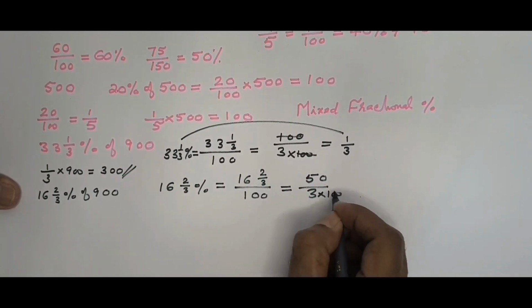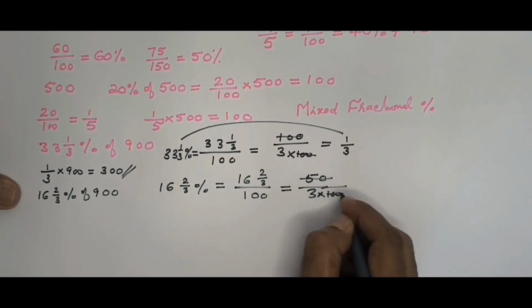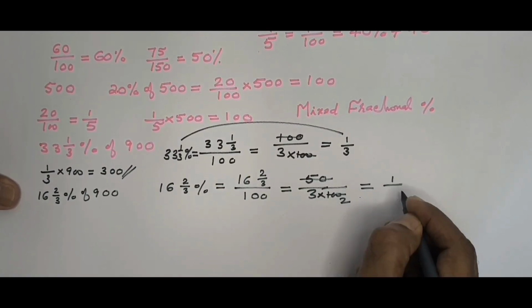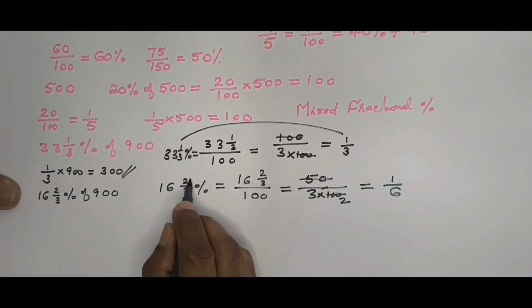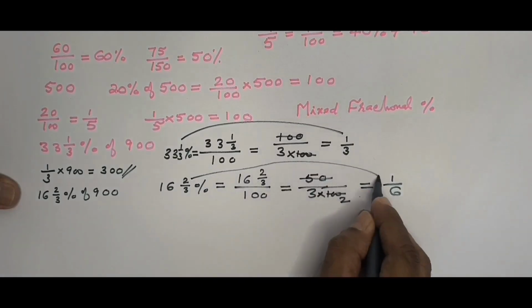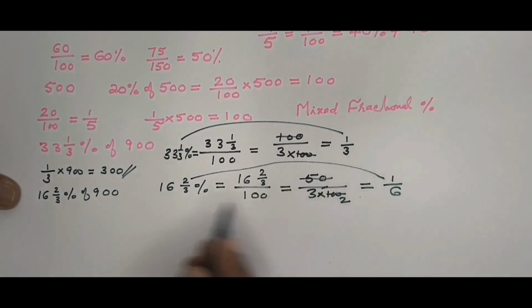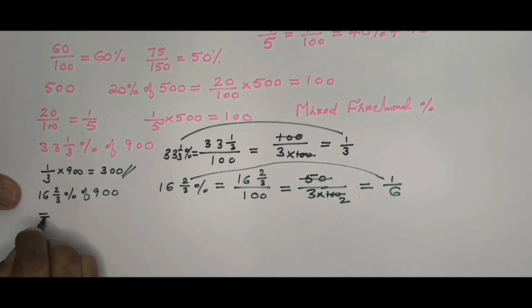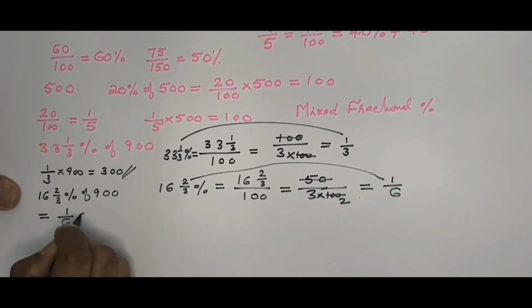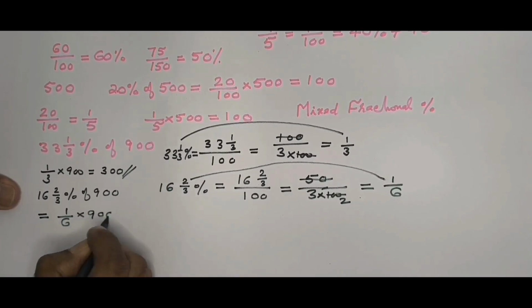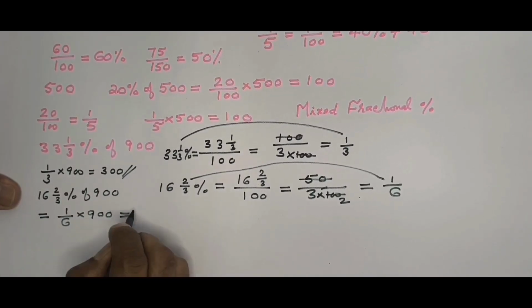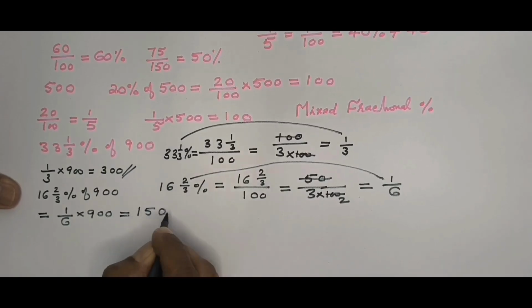Then there is this 100. Cancelling, you get 1 over 6. So what do you observe? 16 and 2 by 3% is 1 over 6. So to find out 16 and 2 by 3%, you will find out 1/6 of 900. This comes to 150.